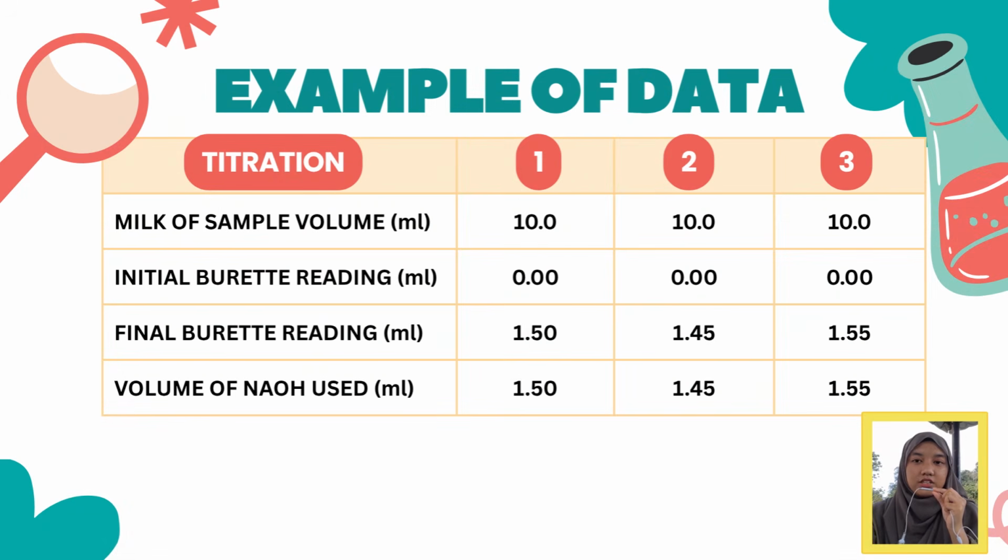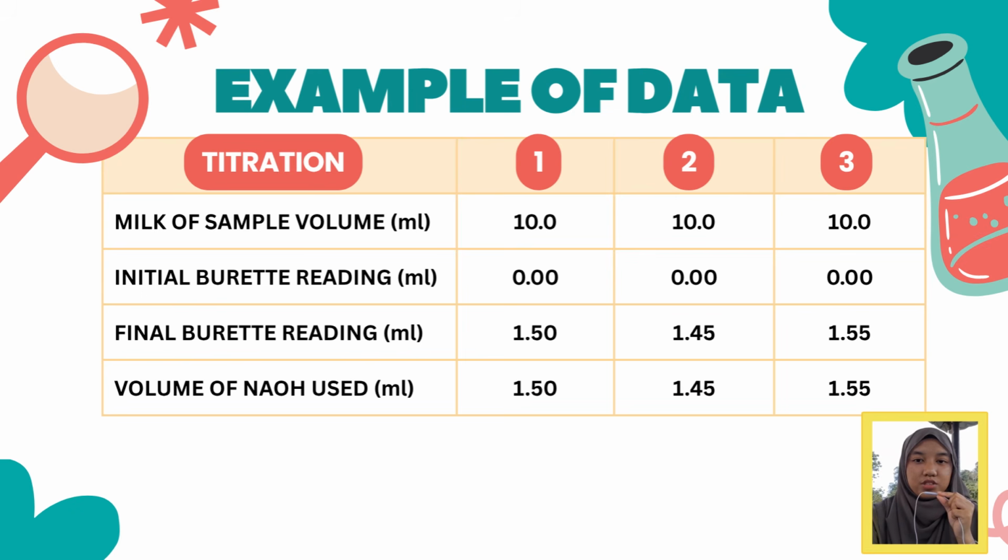For the result data, we use 10 ml of milk for our analysis. To make the titration endpoint easier to observe, we diluted this with 10 ml of distilled water. We then titrated the sample against a standardized 0.1 molar sodium hydroxide solution using phenolphthalein as our indicator.